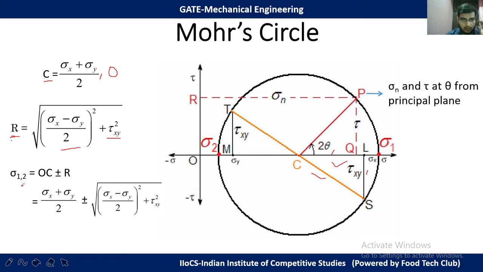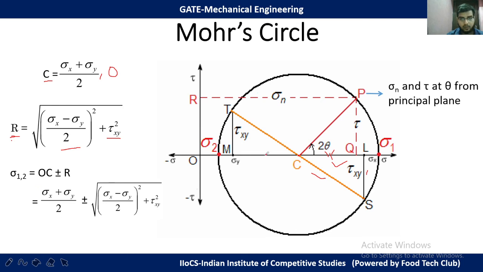Now we have said that sigma 1 and sigma 2 are principal stresses, but we want to assure that it matches with the formula. So sigma 1,2 is OC plus minus R. Suppose this sigma 1 point is OC plus the radius of the circle, from C to sigma 1.